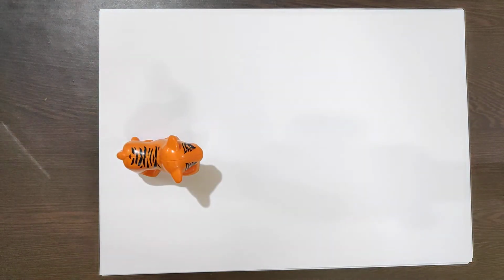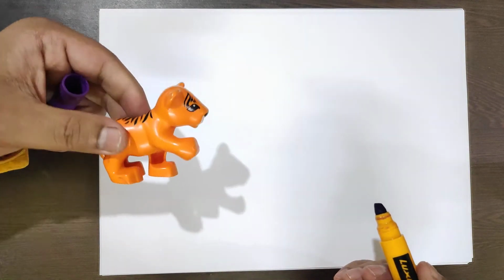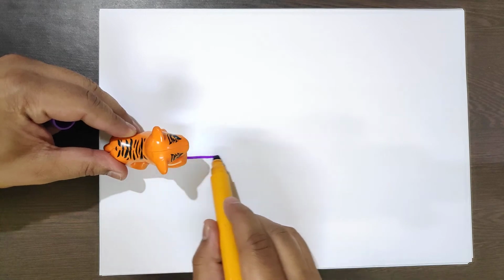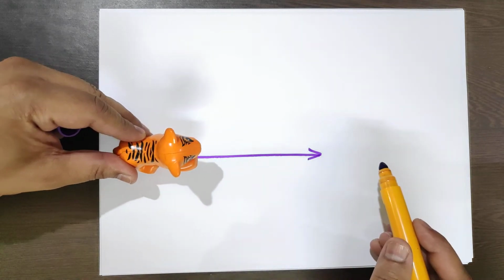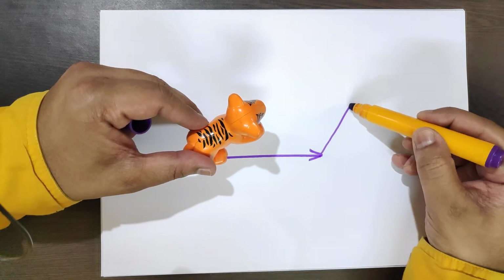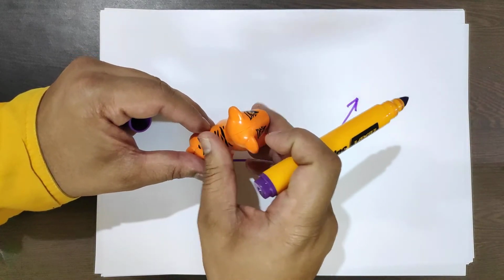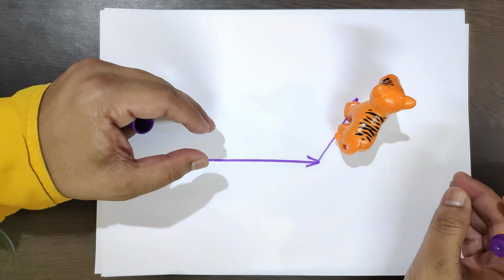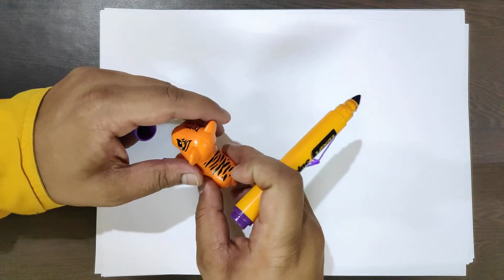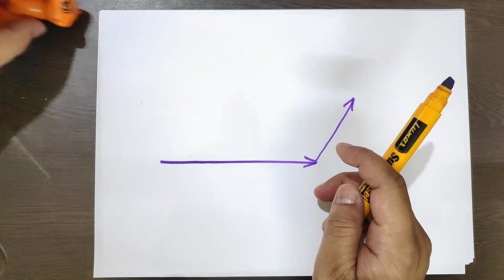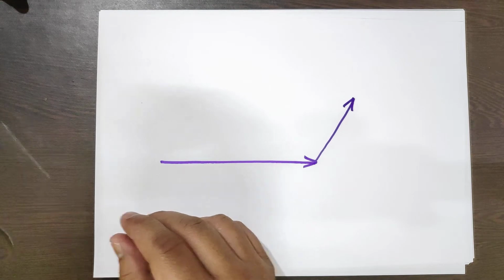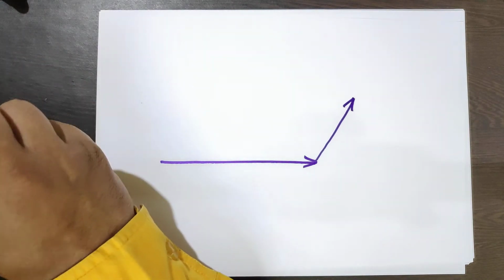Suppose it's a tiger, a little tiger. So the tiger goes from here to here, and then the tiger goes from here to here, right? And it has to jump on top of a tree, and say it gives a vertical jump there. So the displacement happens to be like this, a little vertical jump.